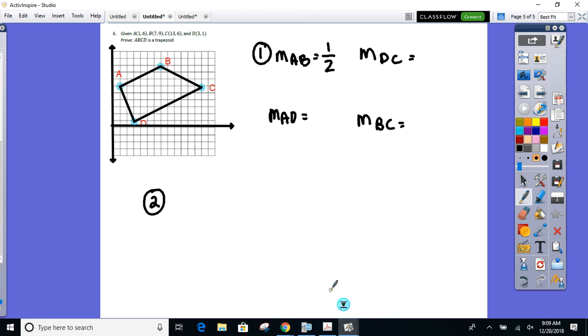Got another slope for me. DC is 1/2. Perfect. I like that because that means something.